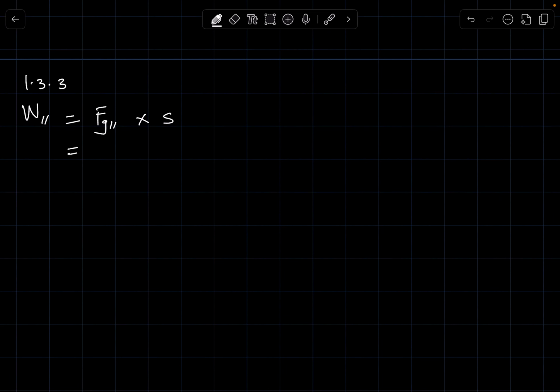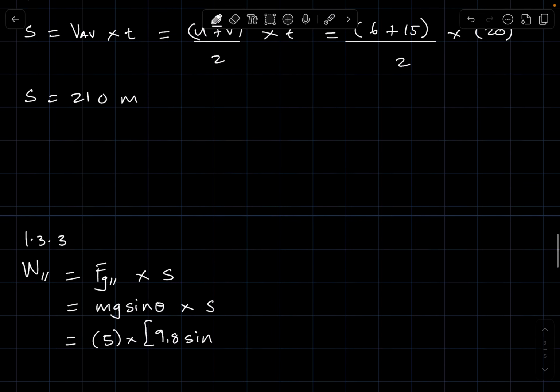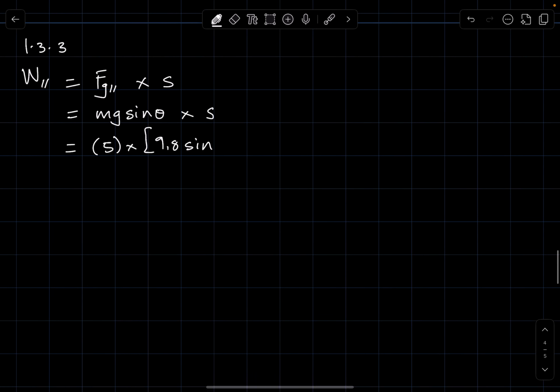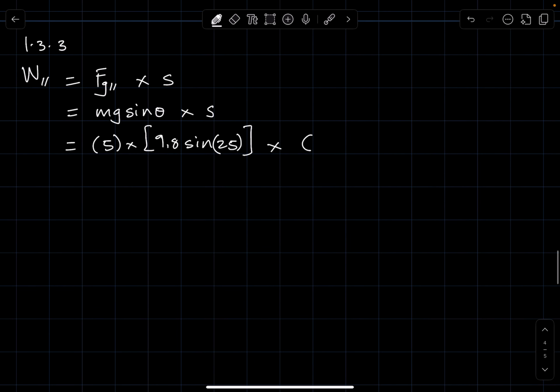Right, this will be equal to Fg parallel is equal to mg sine theta times S. The mass is 5 kgs, g is 9.8, and theta is 25 degrees, times the distance which you've just calculated, 210.